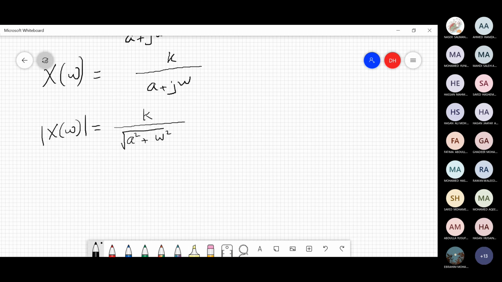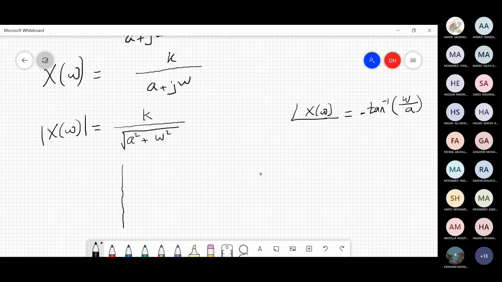Okay, the angle of X of omega is equal to the angle of K, which is 0, minus the angle of this one, which is tan inverse, so then it is minus tan inverse of omega divided by A.